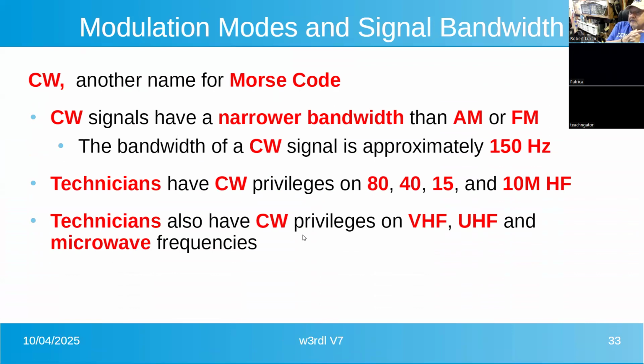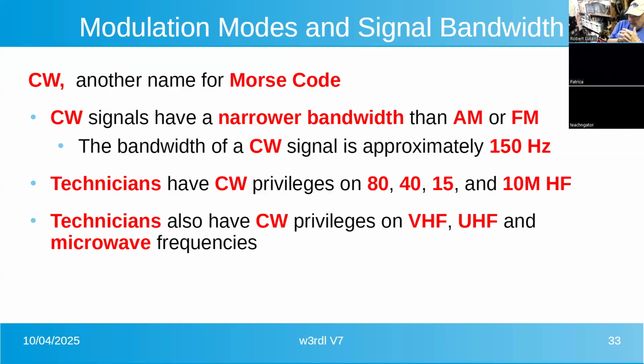One of the other modes, and actually it's becoming more popular lately, which is interesting, is CW. A lot of people call it Morse code because we send Morse code, but it's actually continuous wave where you turn the carrier on and off. It has one of the narrowest bandwidths, approximately 150 hertz.